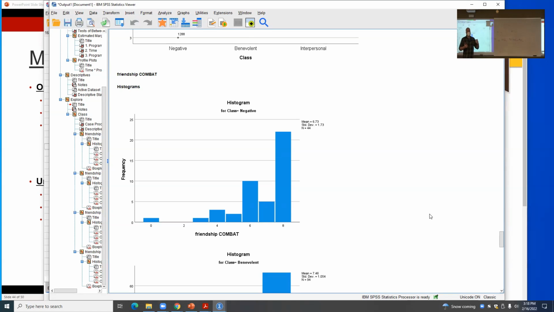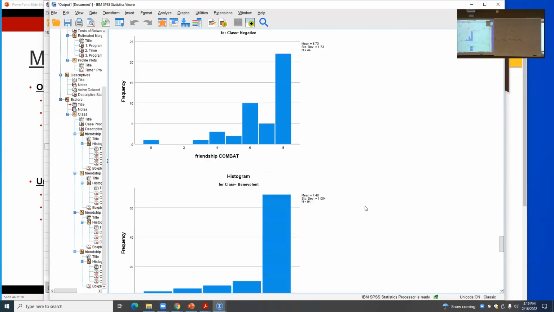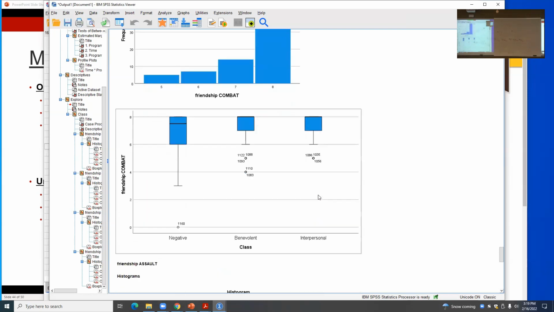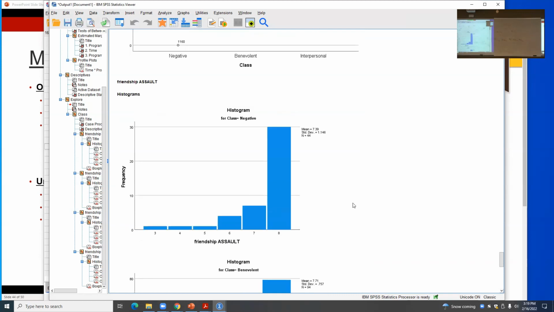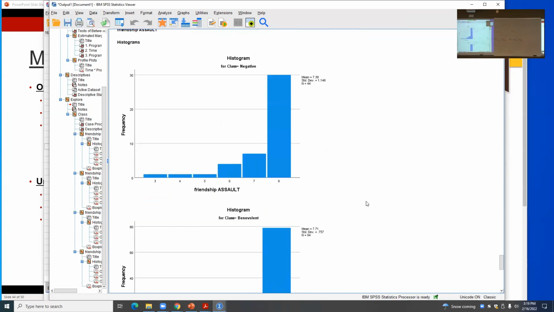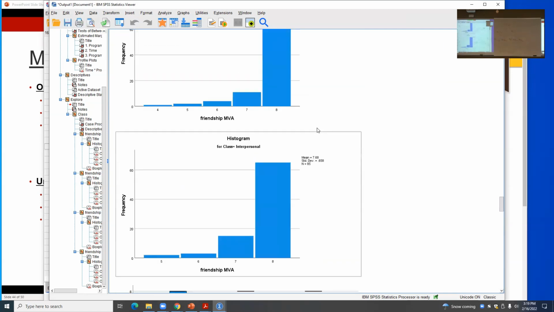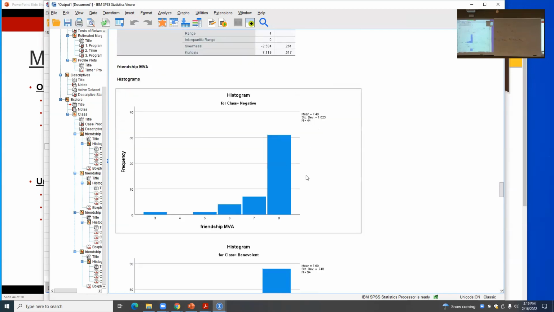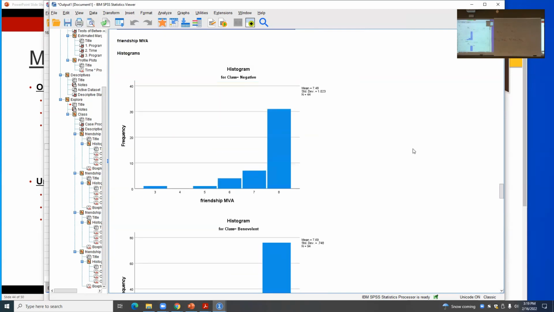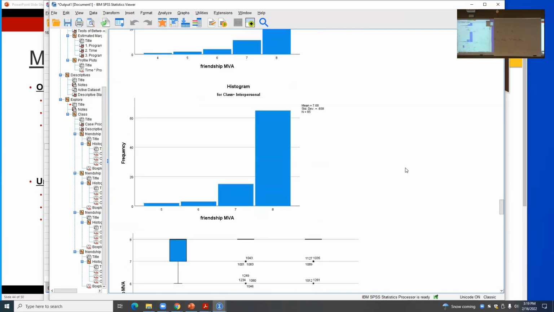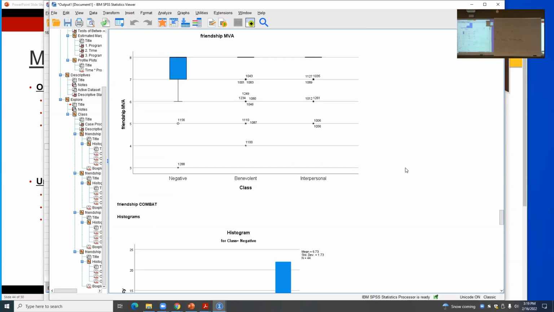Now we've got 9 different values, so we're going to treat it as continuous, and we could probably be okay-ish with that. But we're seeing very clearly ordered categorical data, some ordinal stuff here, right? So going through and taking a look at these, this is just for organization. We've got our accident ratings for negative, benevolent, and interpersonal, and box plots.